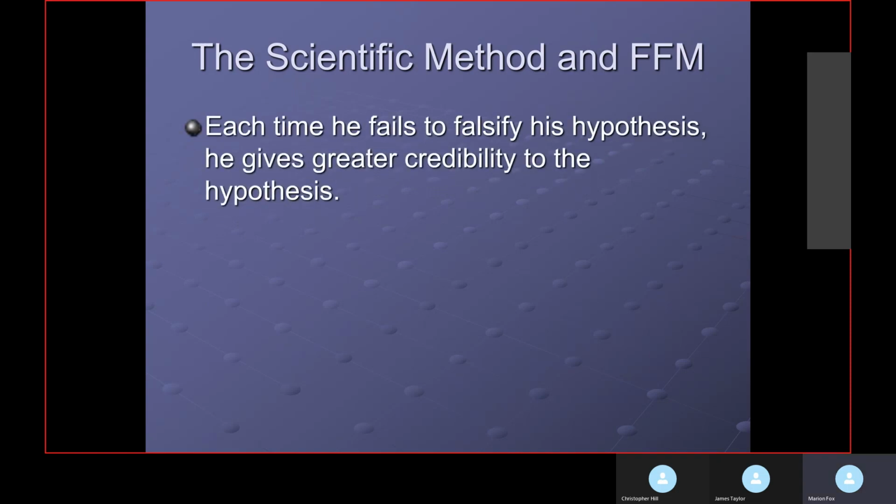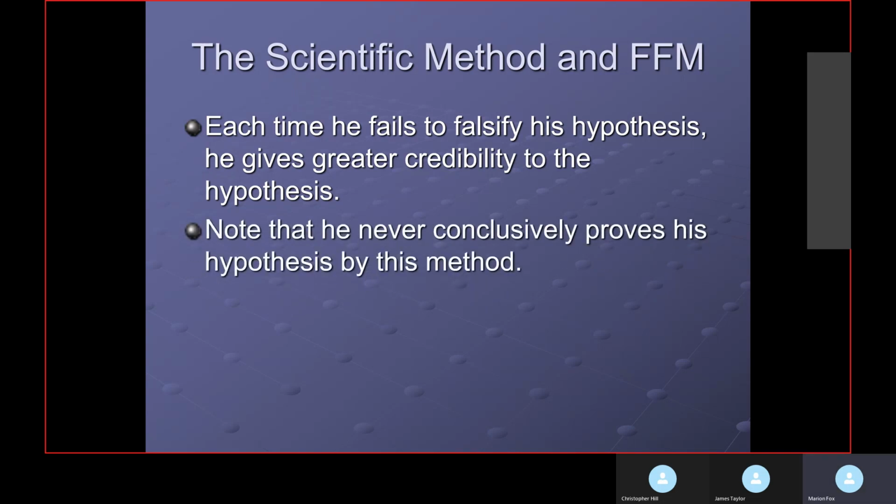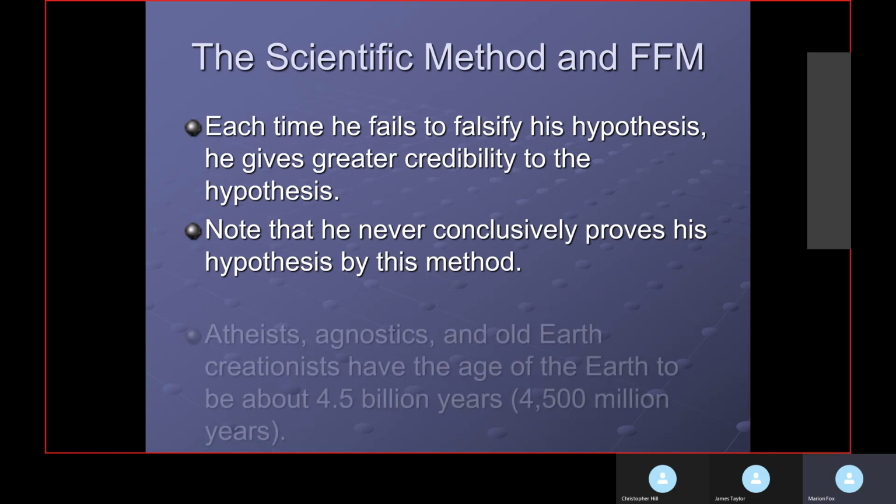Each time he fails to falsify his hypothesis, he gives greater credibility to the hypothesis. Every time he tests it, and it always keeps coming out the same and right, he says, this is probably correct. Note that he never conclusively proves his hypothesis by this method, but he shows the likelihood that it's true.